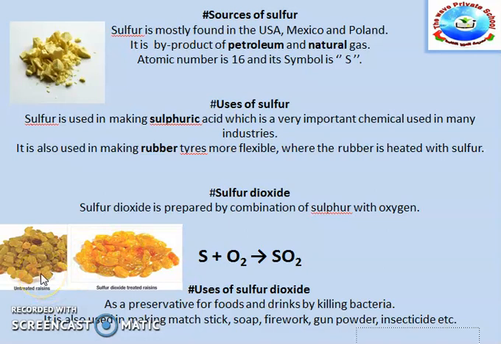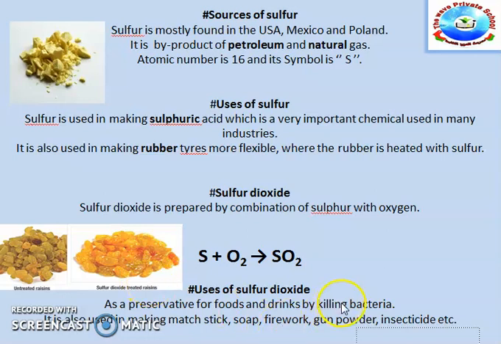So these are raisins which are untreated with sulfur dioxide and these are treated with sulfur dioxide. The only difference is when we spray sulfur dioxide on any food, or when there is the presence of sulfur dioxide in any food and drink, it stays for a longer period. Why?